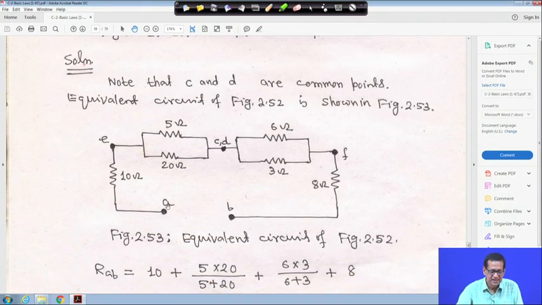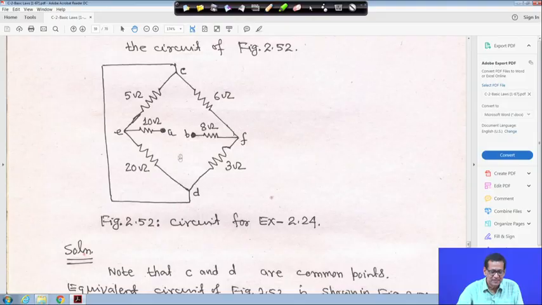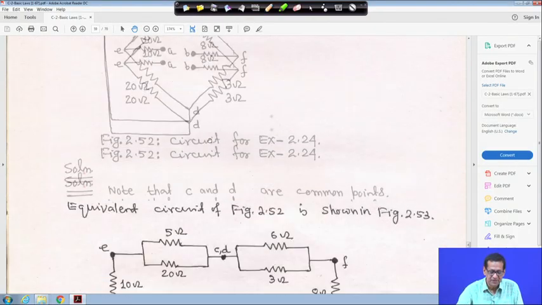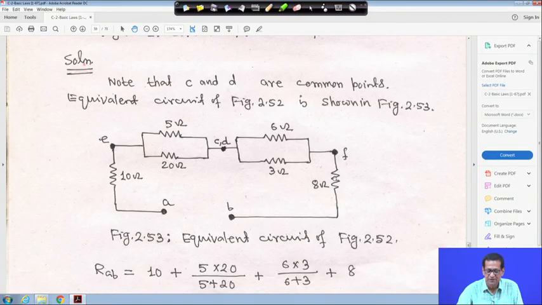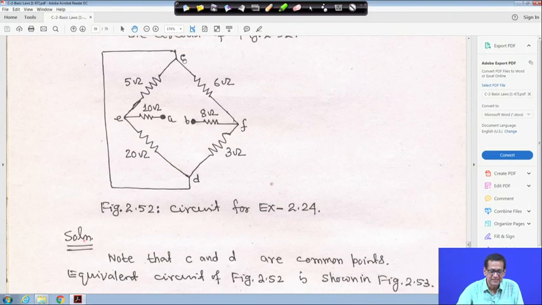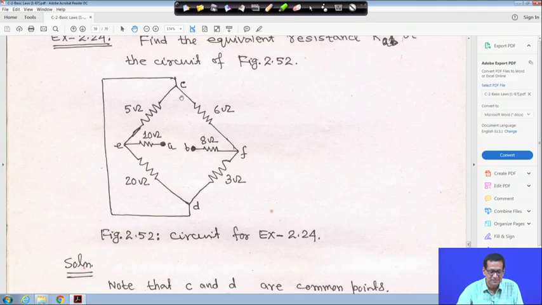Look, A to E is 10 ohm, and B to F is 8 ohm. Now, C and D is a short circuit, a common terminal, because C and D are connected like this.